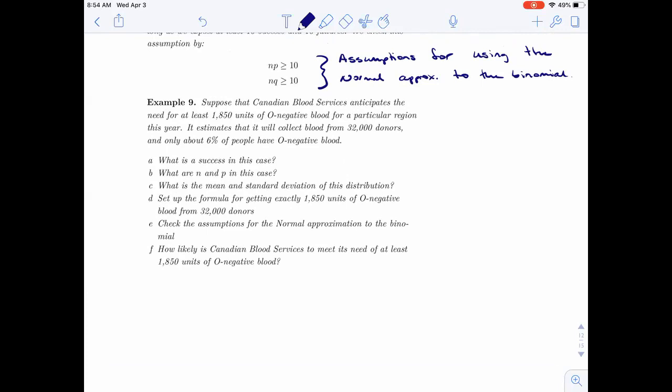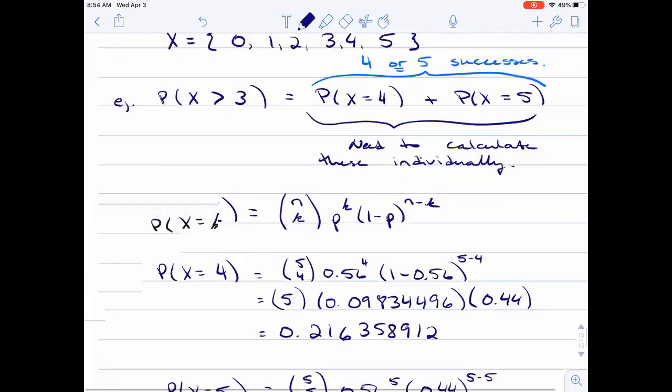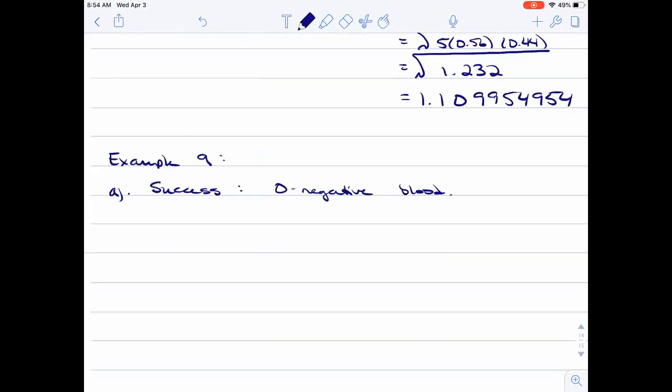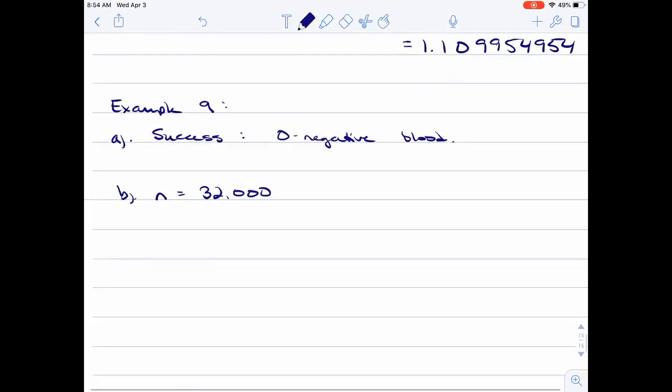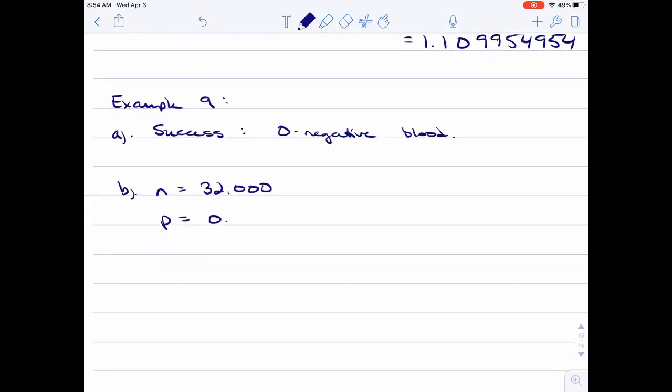So we've got 32,000 trials. That's huge. And our P is 0.06. N is 32,000 and P is 0.06.